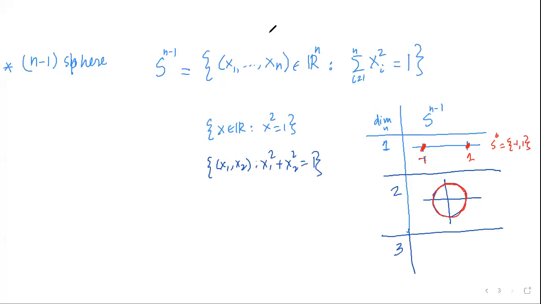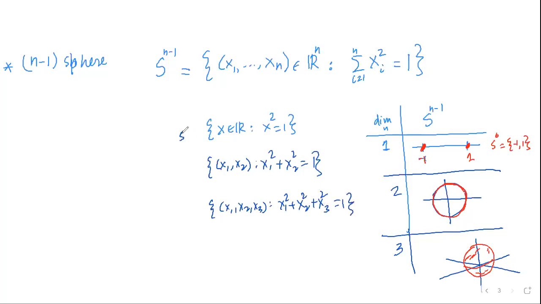Similarly, in three dimensions, S2 will be the sphere. Only the outer part, not the inside, because the inside has distance less than 1, and the outer part consists of those whose distance is equal to 1.